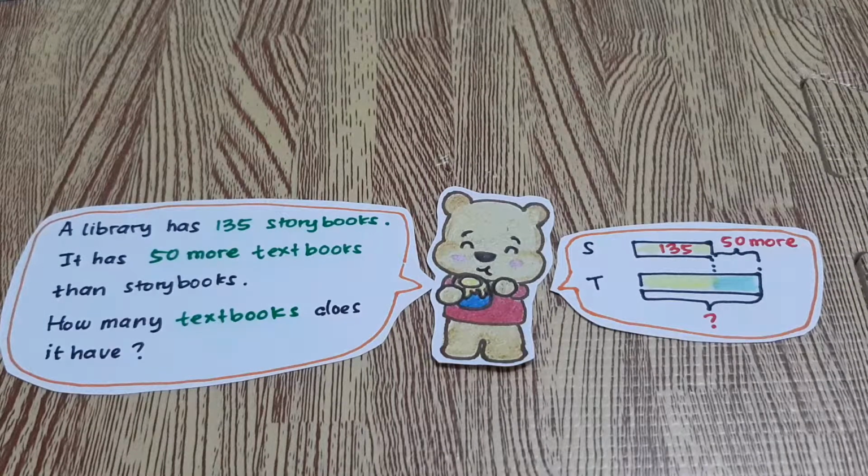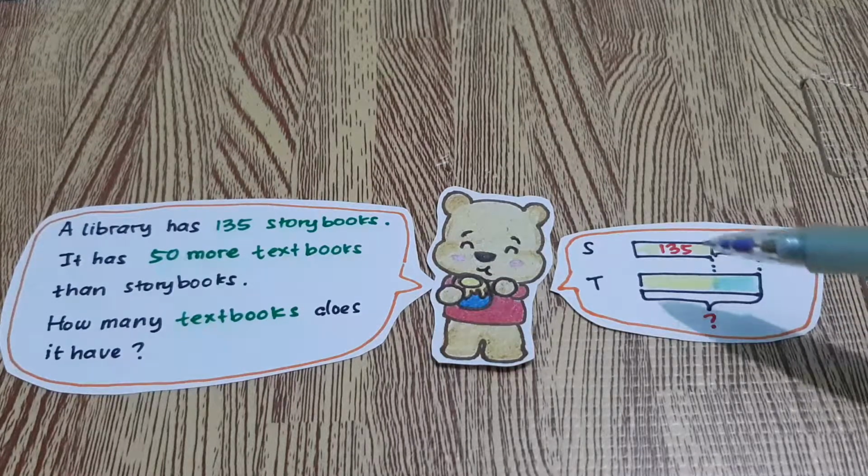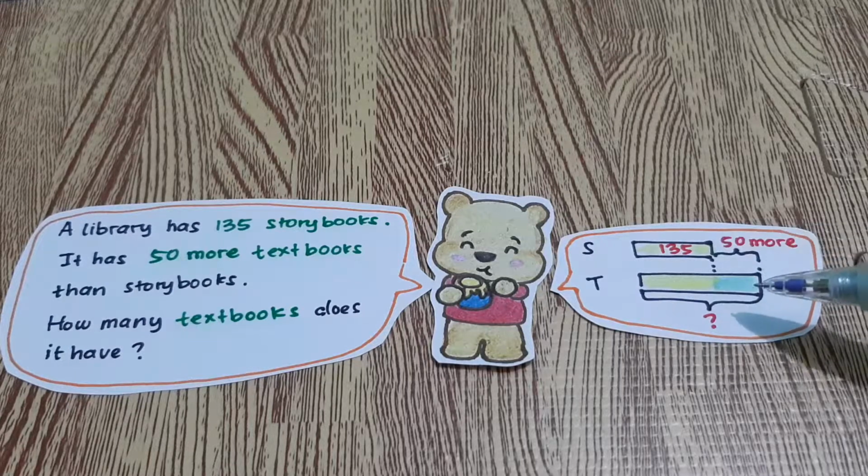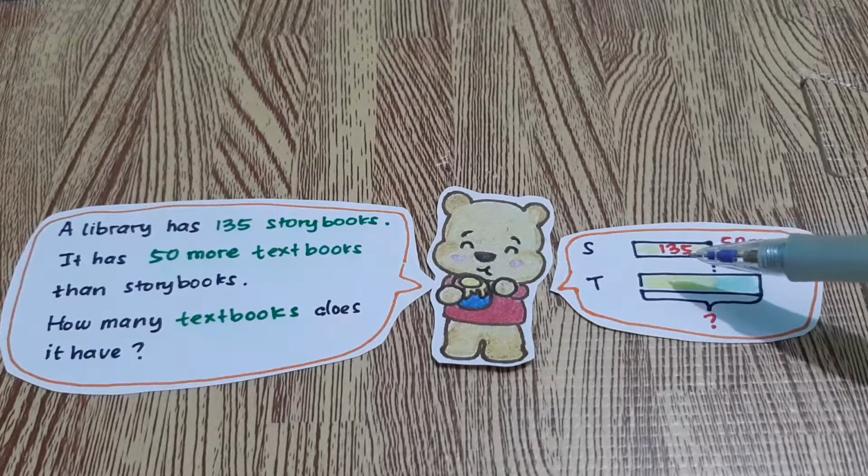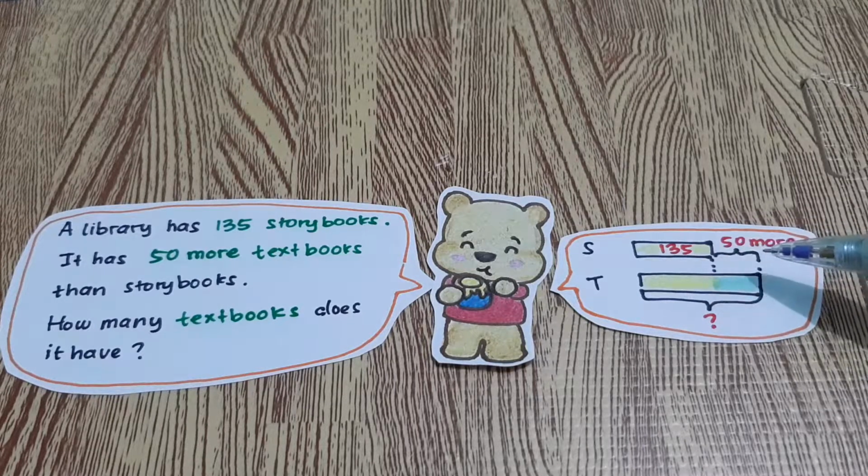In math, if the number is longer or more, do you add it or subtract it? Yes, you add it. Remember, why do you have to add it? Because the textbook is longer than the storybooks. Since it's longer, you have to add it. So how do we add it? 135 plus 50.